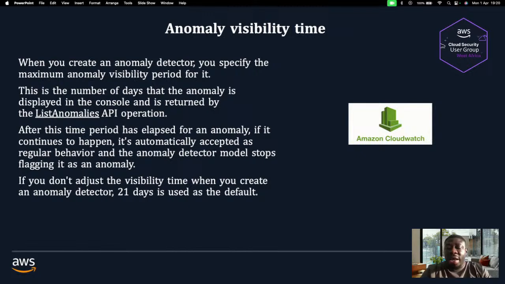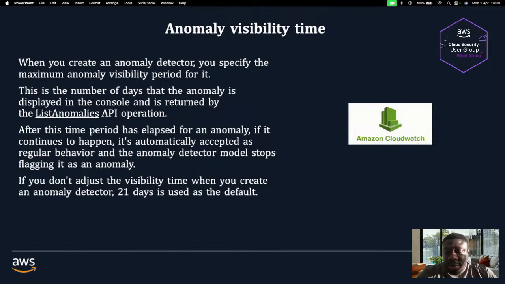And the reason it's no longer giving any warnings is because the anomaly visibility time has expired. Once it expires, the system takes that anomaly as a regular occurring event. So therefore, it doesn't flag it any longer as an anomaly.